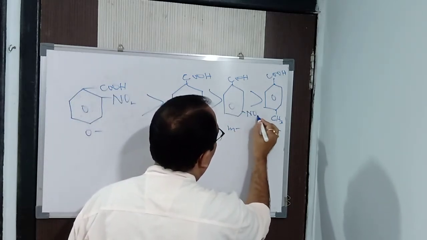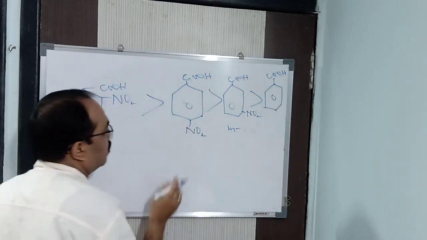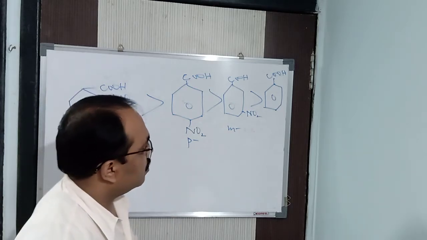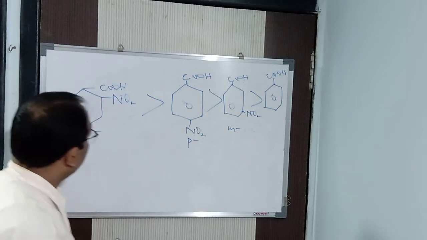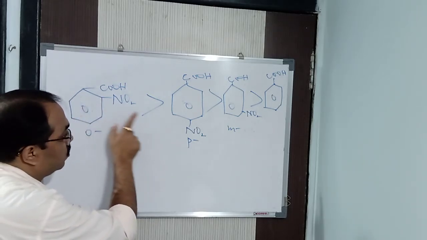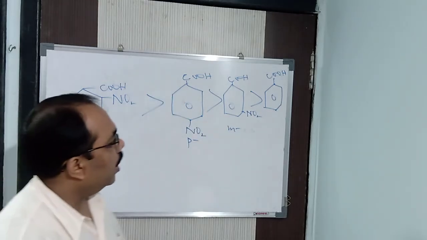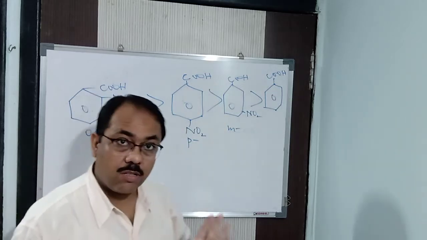NO2, and here it is simply benzoic acid. This is your para, this is ortho, and this is your benzoic acid. Got it? So again the same thing: ortho nitrobenzoic acid is stronger than para, then meta, and then benzoic acid, because it does not contain any withdrawing group, whereas at least a withdrawing group is present in the others. So this is an exception.